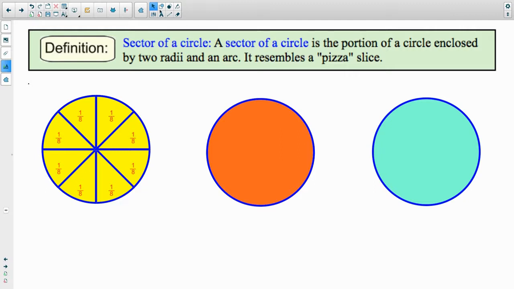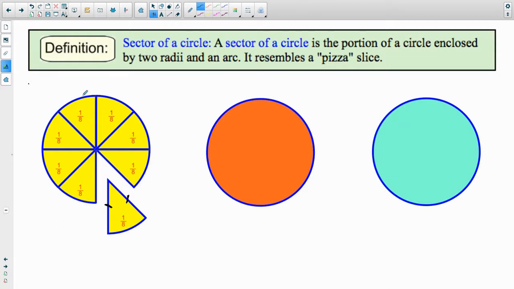So if you just take one of these slices out here, you would see that that shape that I just removed from this circle is formed by 2 radii, which are going to be congruent because all the radii in a circle are congruent. And this last side is not a straight line, so it's not a triangle. It's a part of the circumference.